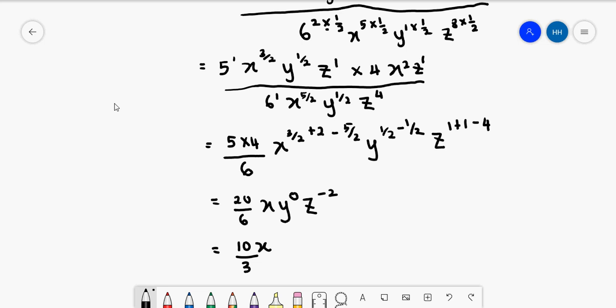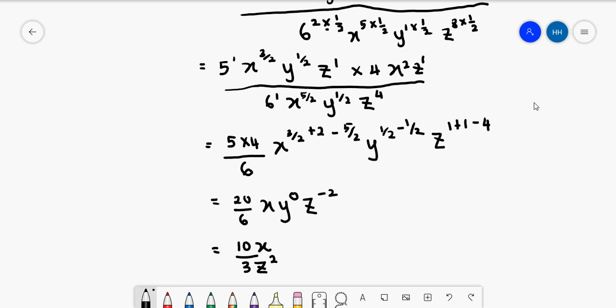Remember, any number power 0 is equals to 1, so you don't have to write y power 0 anymore. And then z to the power of negative 2. Because this is negative, you must write in positive form, so you move it down. So z square. So the answer for question 1C is 10x over 3z square.